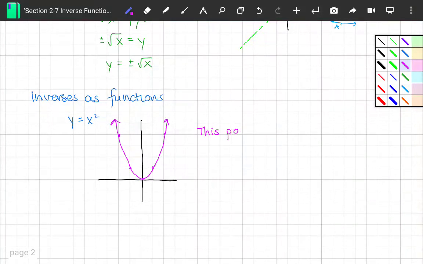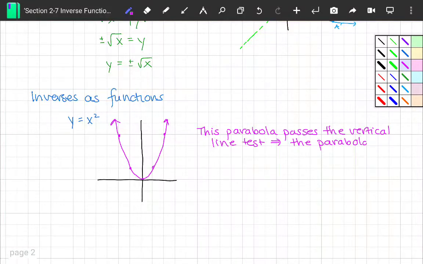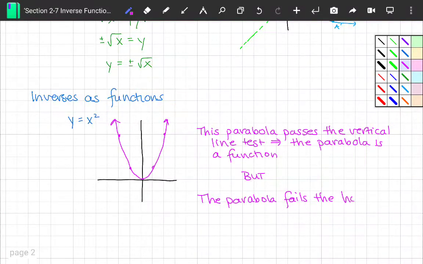So this parabola passes the vertical line test, and so that means the parabola is a function, but the parabola fails the horizontal line test.